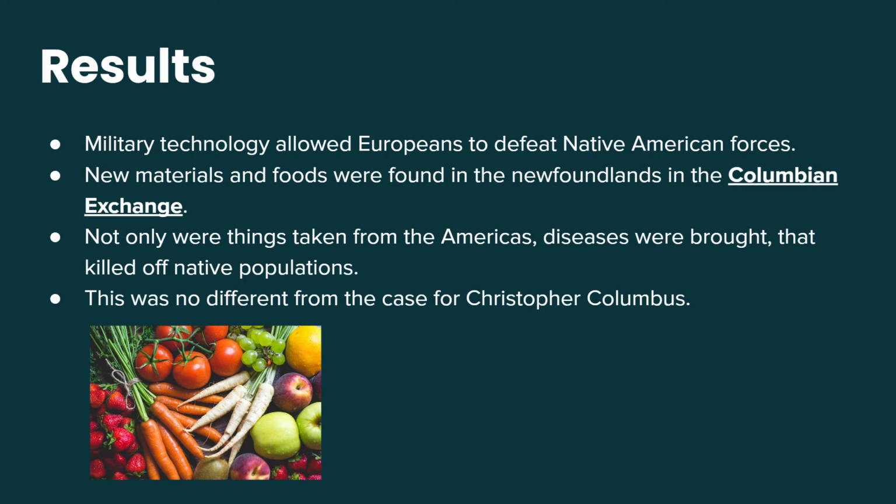They found new materials and foods, and there was a Columbian exchange where they exchanged foods from continent to continent, or world to world, as they called it, because they called it the New World. Unfortunately, diseases also came with that, not that many that were bad for the Europeans, but definitely bad for the natives, who weren't immune, and this killed off a lot of them. These were the reasons that Christopher Columbus did his voyages.